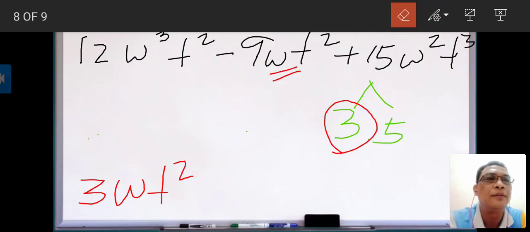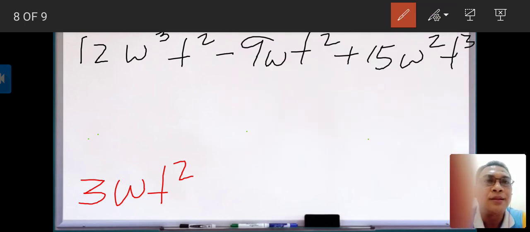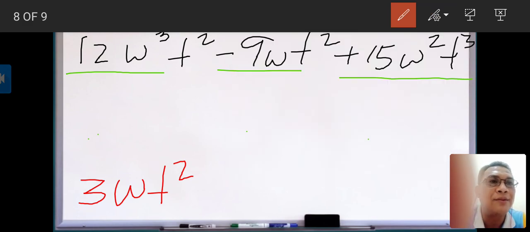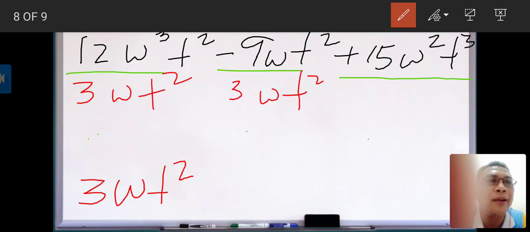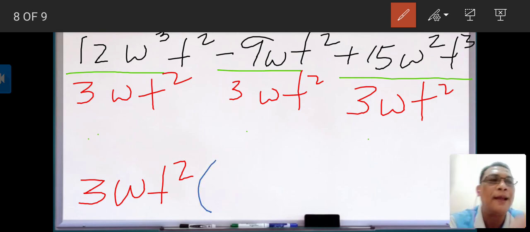Okay. Let me erase this. Again, let us try to divide these terms by its GCF. So that will be divided by 3wt squared, 3wt squared, 3wt squared. Okay. So multiply, product. So 12 divided by 3, that will be 4.